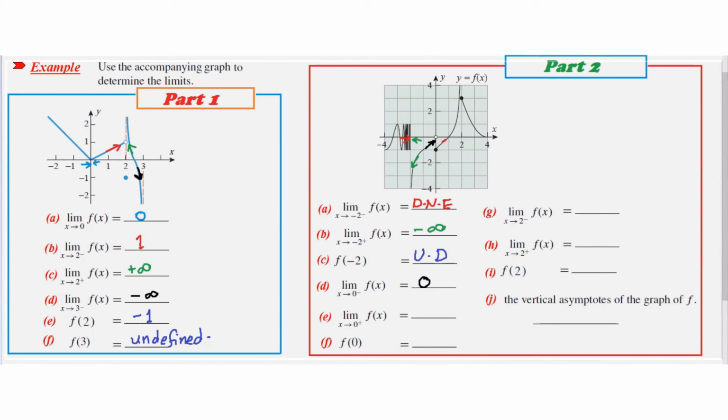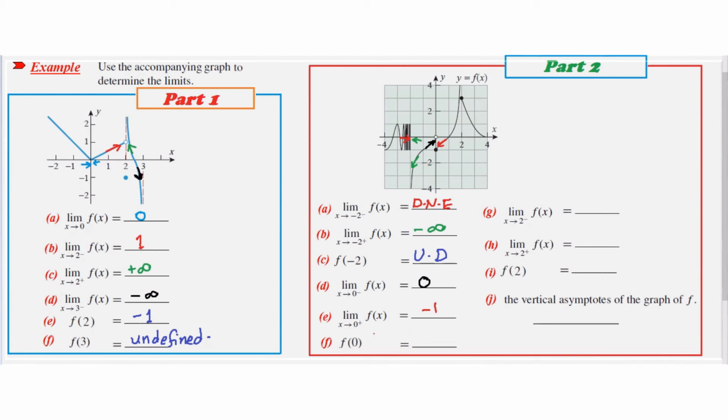This is 0 from right, and this equals negative 1. So we have different limits when x goes to 0 from right and left. And if you want to find the limit of x when x goes to 0, it does not exist, because we have different values for the limit on the right and left of x equal to 0.